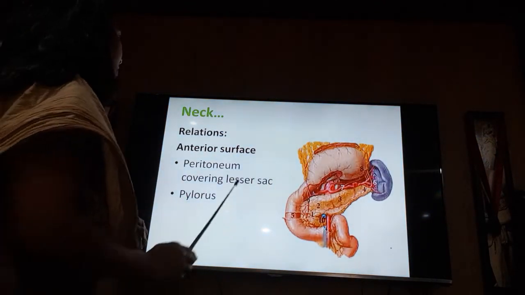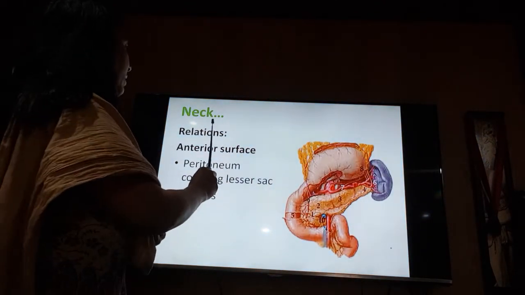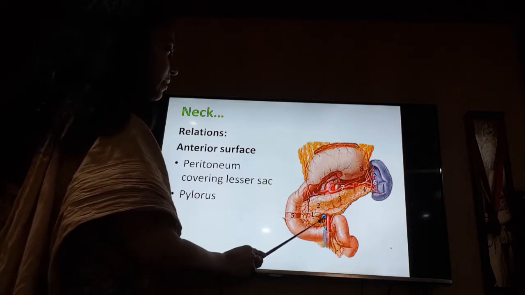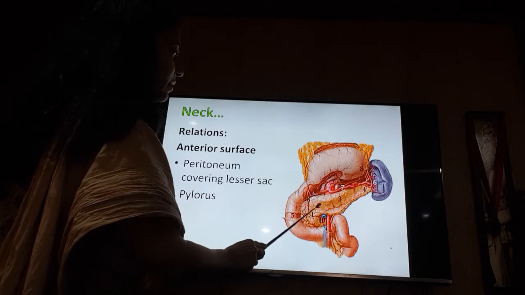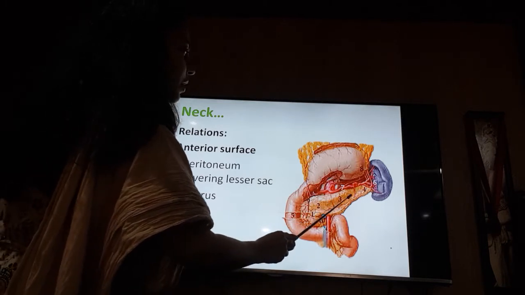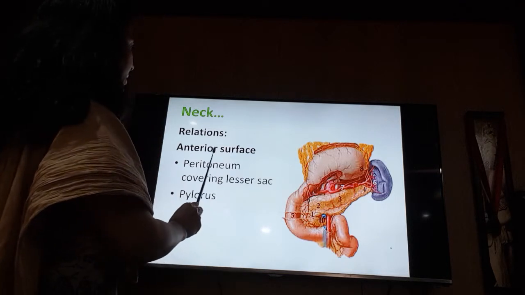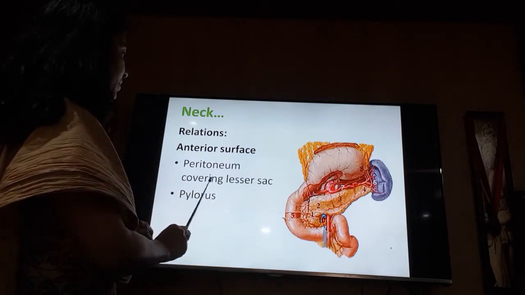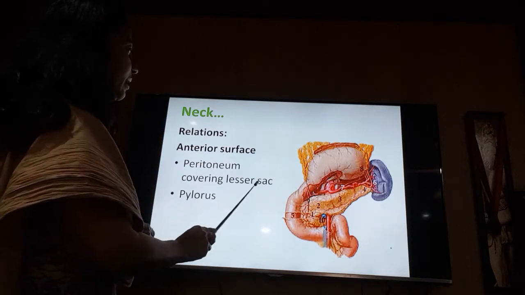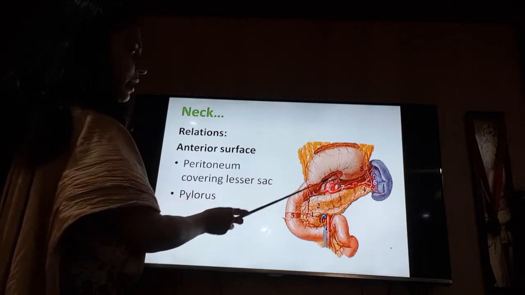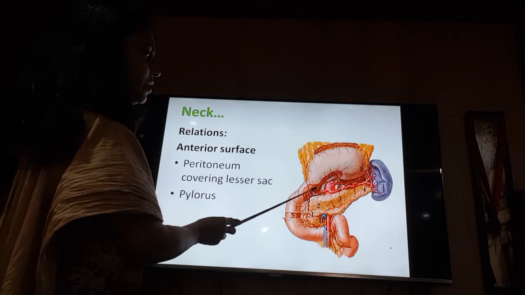Neck. Now we just talk about the neck. The neck is present after the head. This is the head. This is the uncinate process. This is the neck. This is the body. This is the tail. Anteriorly, the neck is covered by peritoneum, which is covering the lesser sac. We have lifted up the stomach, and that is why we are able to see this portion.